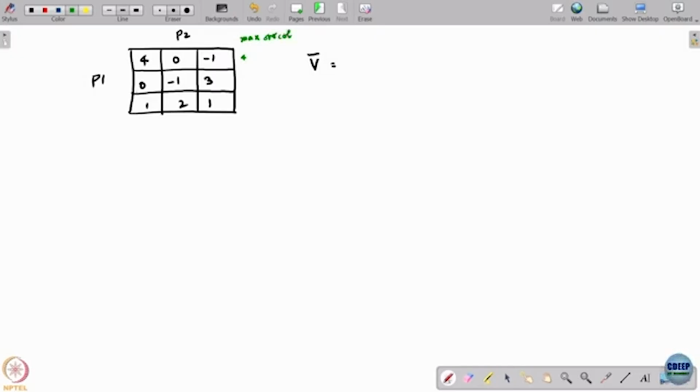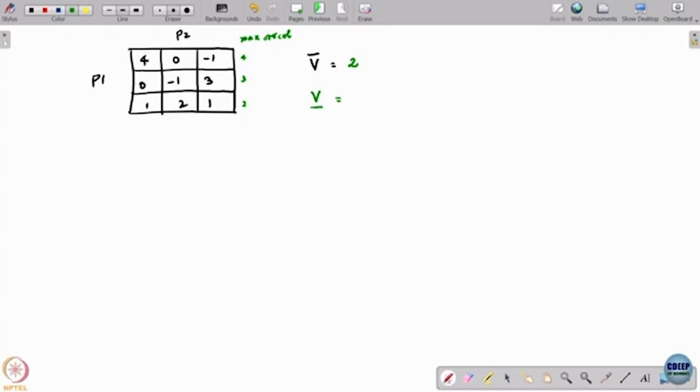So this is 4. What about the second row? What is the maximum over the columns? It's 3. What about the third row? The max over the columns is 2. Okay, and now you look for the minimum of these green numbers. So this is going to be equal to 2. Okay. What is V under bar?